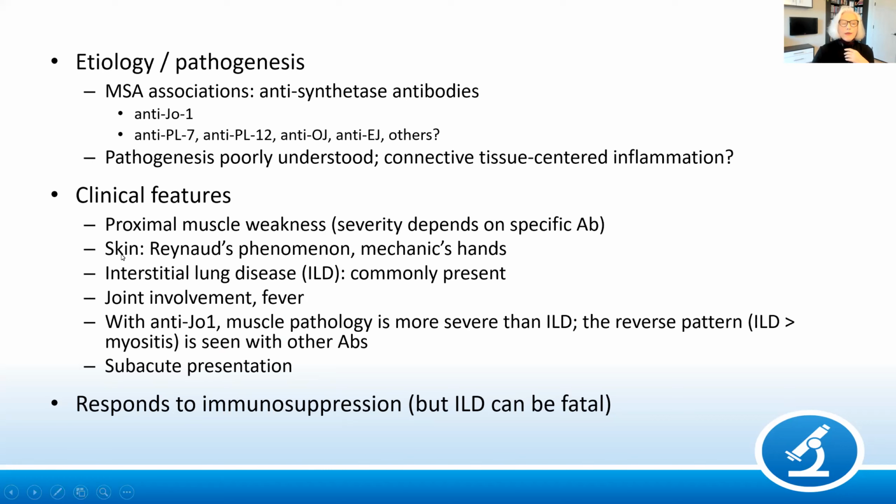But you do have very, very frequently association of interstitial lung disease. And then you can have some other systemic symptoms like joint involvement, fever. So this is much more of a systemic inflammatory disorder, just with the pretty prominent skeletal muscle involvement.